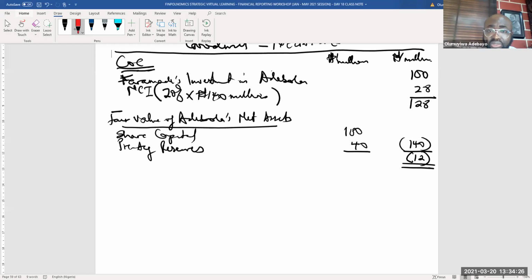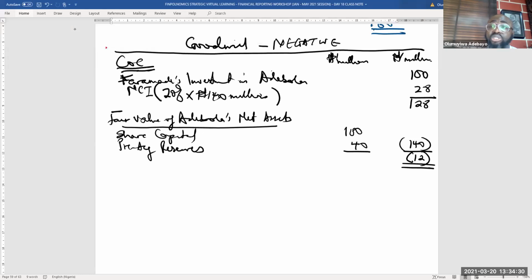When you have a negative goodwill arising from acquisition, how do you treat it in line with IFRS 3? Okay, for the purpose, we have to re-examine the fair value. Yeah, we have done that. Let's assume we have done all the re-examination or reassessment, and you still find out that you have this position. How do you treat it?